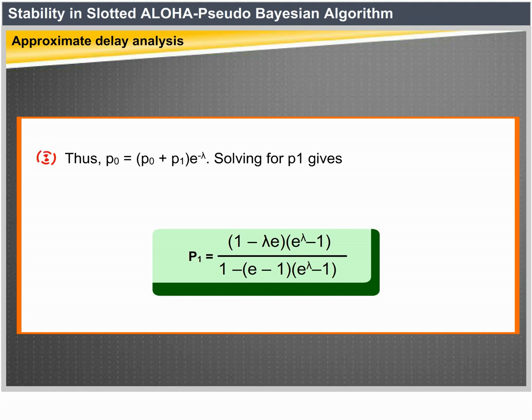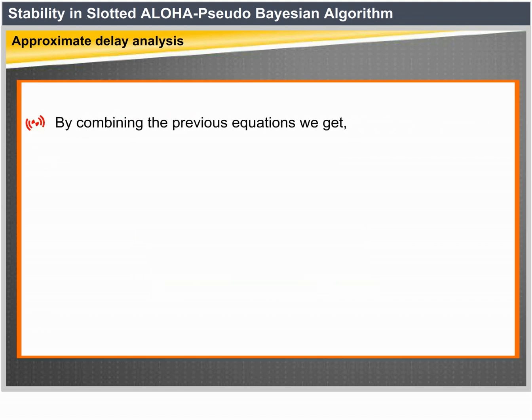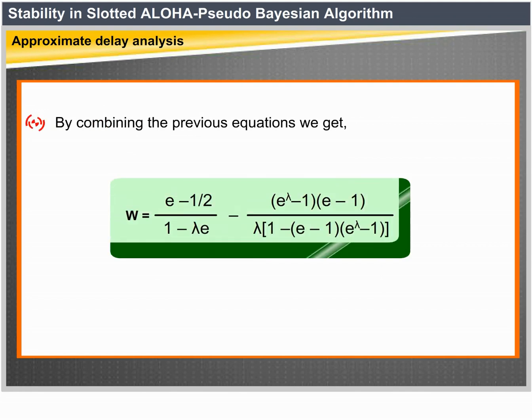Combining the previous equations, we get W is equal to (e minus 1/2) divided by (1 minus lambda e) minus ((e to the power lambda minus 1) into (e minus 1)) the whole divided by lambda into (1 minus (e minus 1) into (e to the power lambda minus 1)).